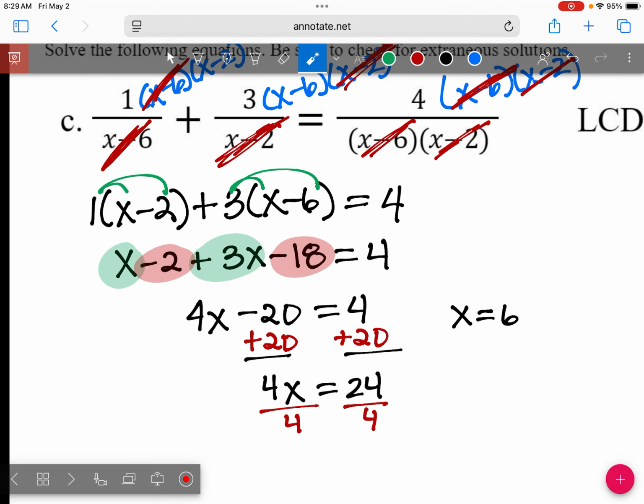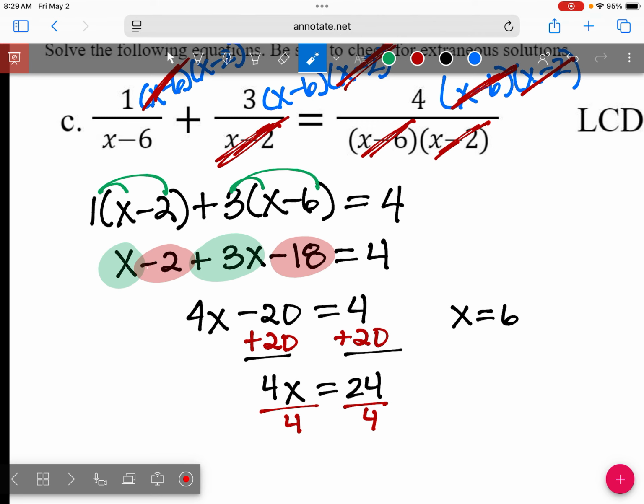But we have a problem with that. What happens if I put the 6 right here? What's 6 minus 6? 0. Pick up your calculator and type in 1 divided by 0. And see what the calculator tells you. If you try to take 1 and divide it by 0, you should get an error message. Did you all get an error message?